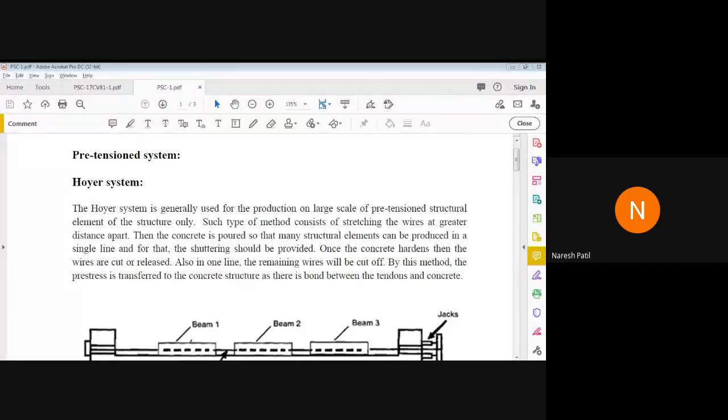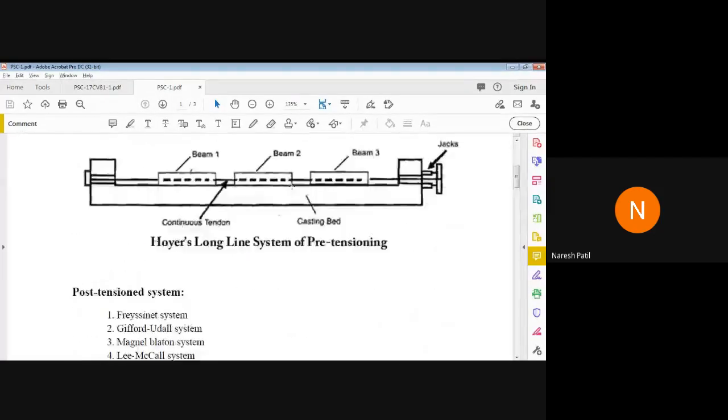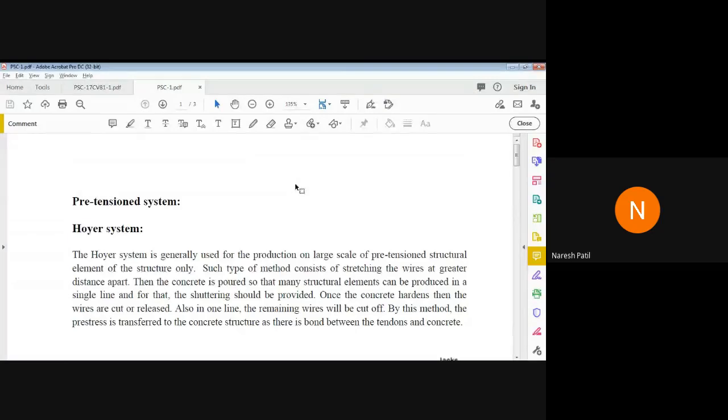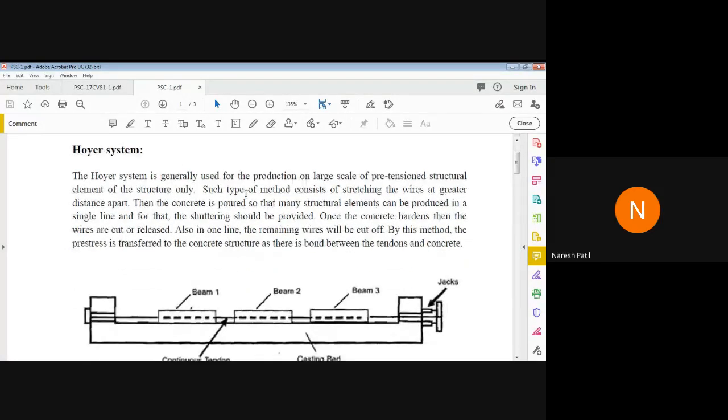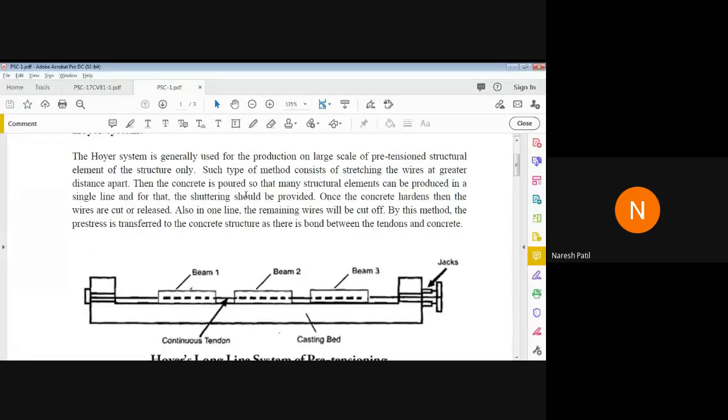So I'll present the screen now. Is it visible? Yes, anyone please?